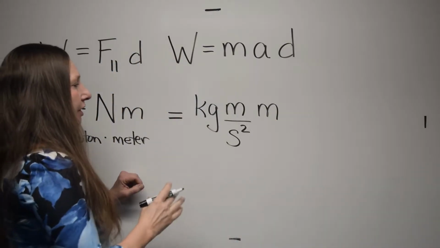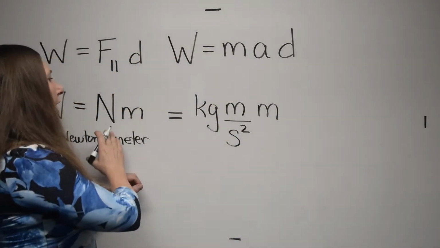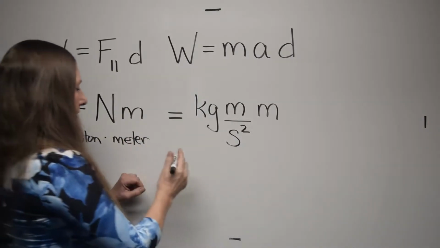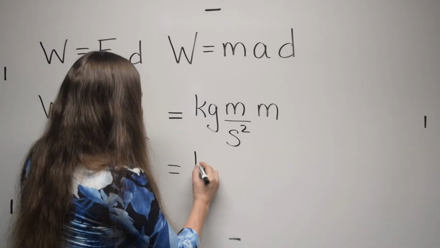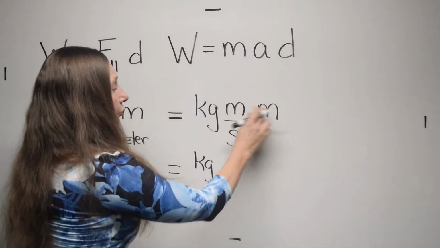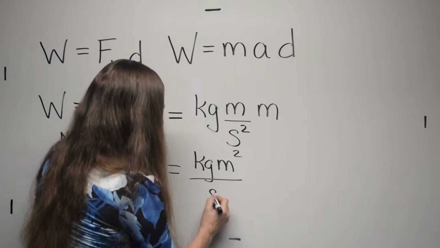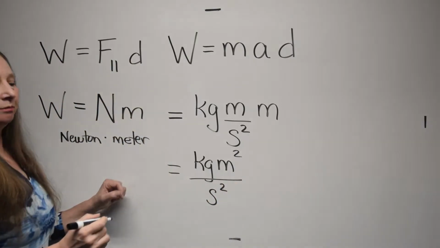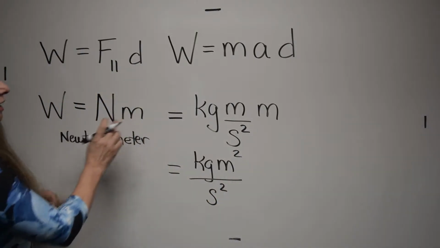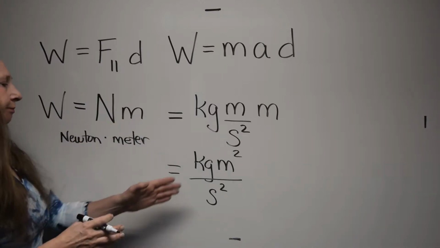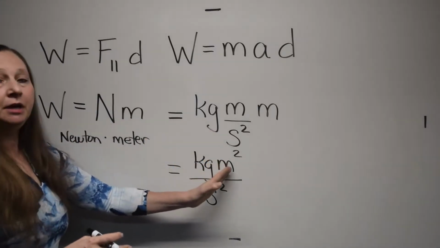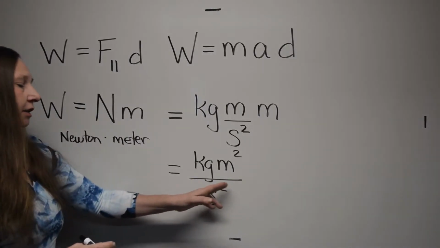So what we have here is another way to write the unit for work. We're going to call it the kilogram. There's 2 meters multiplied, so that's meters squared per second squared. All right, so a Newton meter is equal to a kilogram meter squared per second squared.